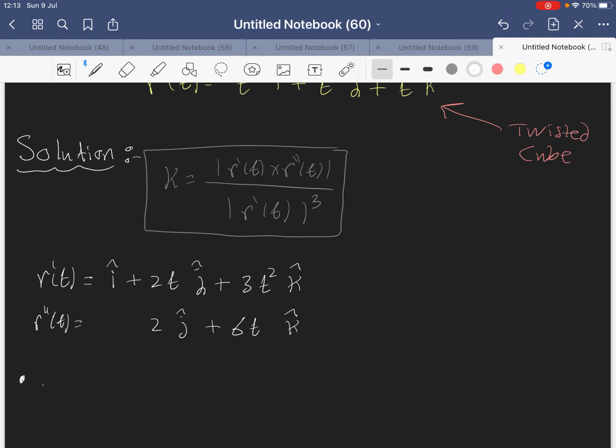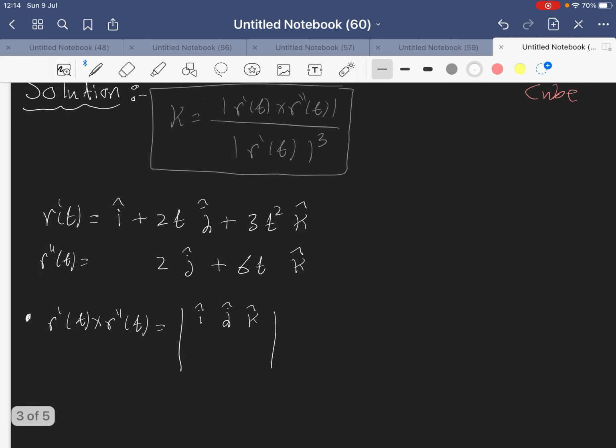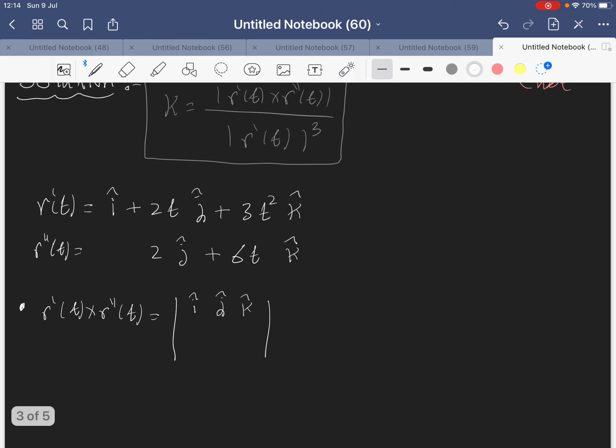Next is to find the cross product. Again, in the first row, we write i, j, k. In the second row, we write the components for the first vector, which is 1, 2t, 3t squared, and then 0, 2, 6t.